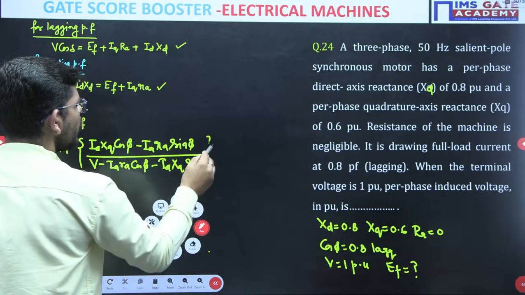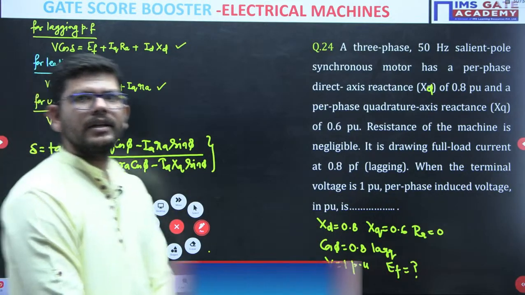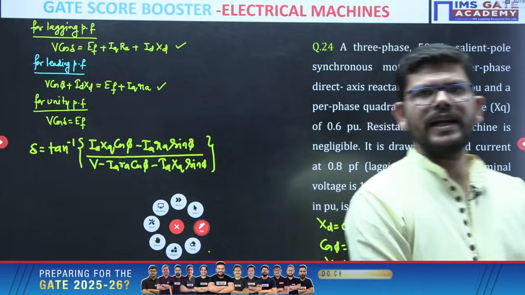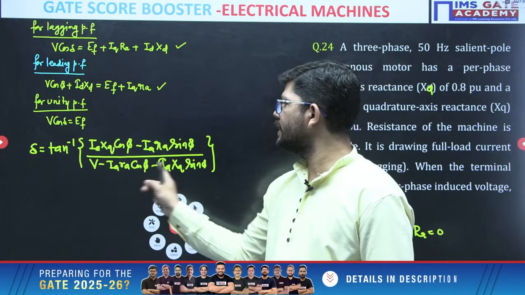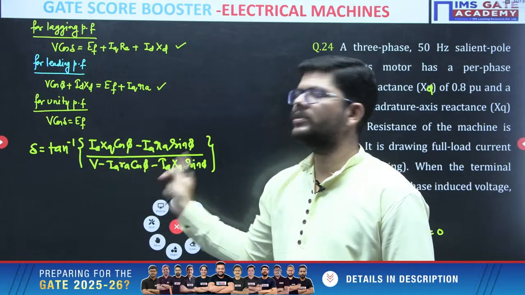So this is the formula of del, right? Just see how easily we have applied this formula. For motor here we have negative, for alternator here we have positive.